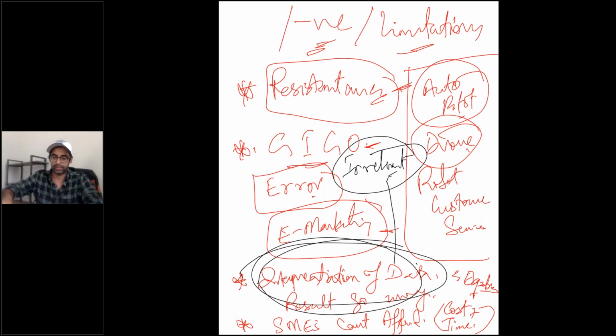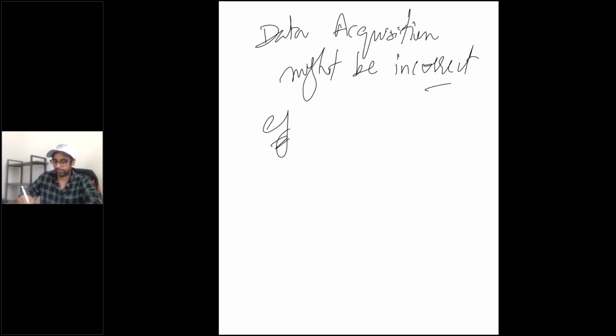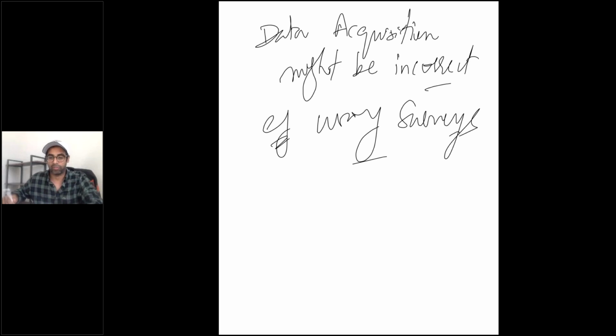And time and resource, I said, interpretation of results, data acquisition might be incorrect, right? Example, wrong service, or sometimes people intentionally give wrong information, okay? So that's the problem.